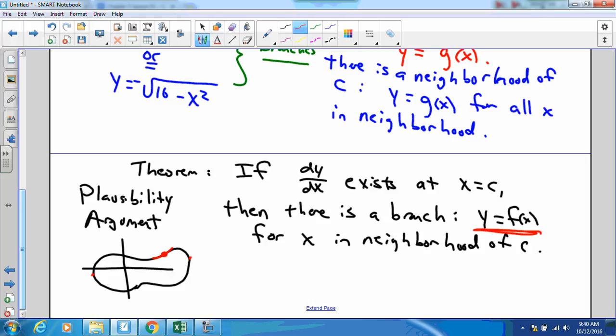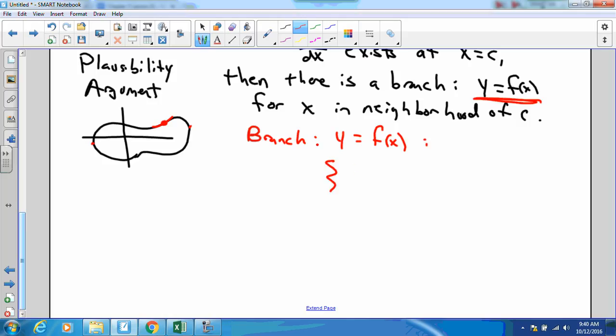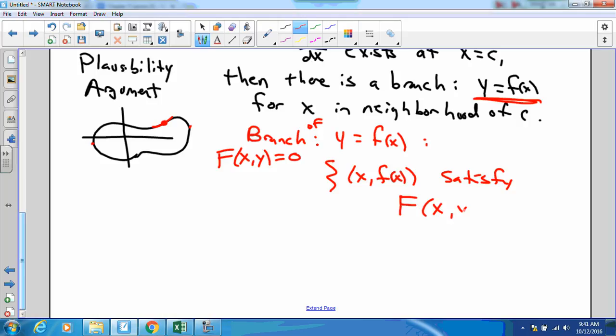It is going to be a set of points on the curve y equals f of x such that the points x comma y, or the points x comma f of x, satisfy, if I have the branch of the implicitly defined function capital F of x, y equals 0, it's going to be a function of x such that all the points satisfy F of x, y equals 0.